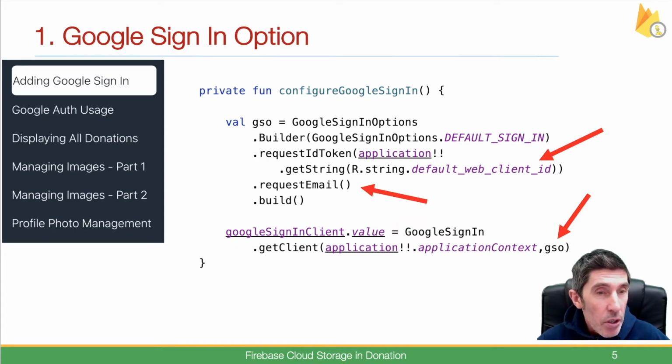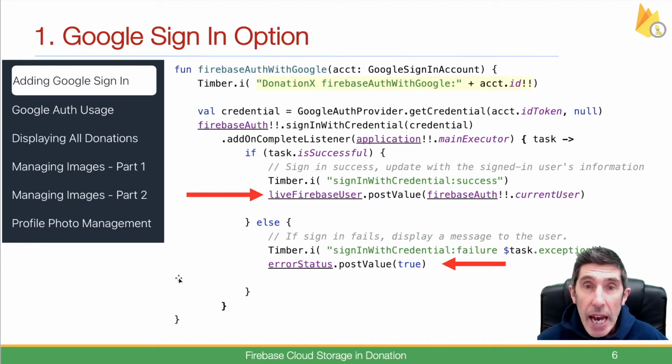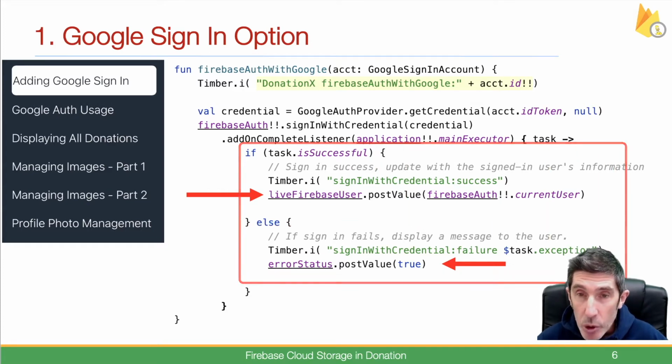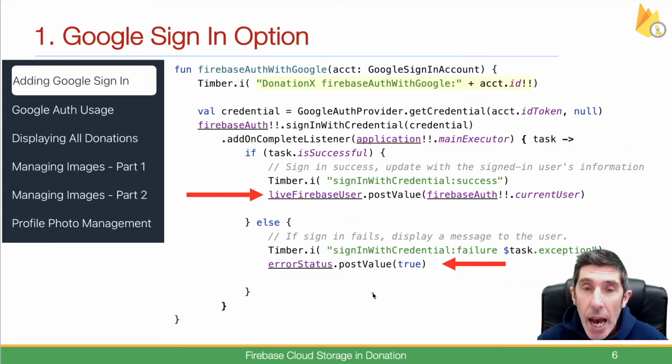So if we just continue to look at that, so that was the configuring. Okay, so now the actual Firebase auth with Google. This is our callback, so to speak. So if you see here, we have an add on complete listener tied to an if else. Again, I've taken most of this from the developer docs and tailored it to suit our MVVM implementation.